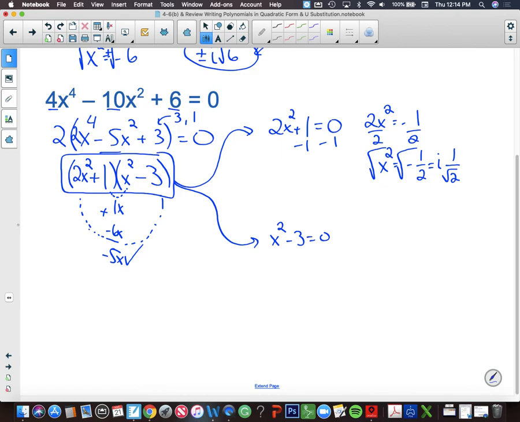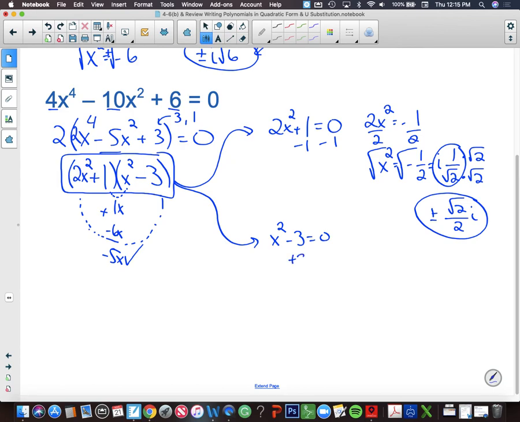So you have to rationalize like that. So it turned into square root of 2 over 2, have the i there, and it's a plus or minus because when you square root both sides. So you just have to remember how to rationalize. When you have that square root on the bottom, you multiply it times itself.